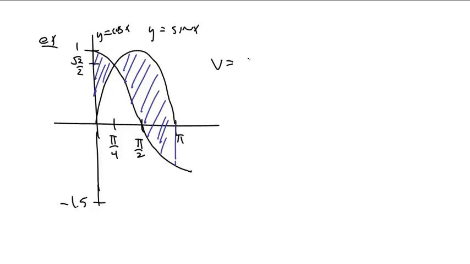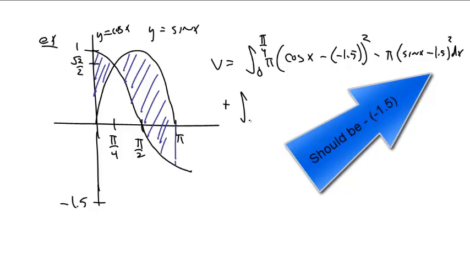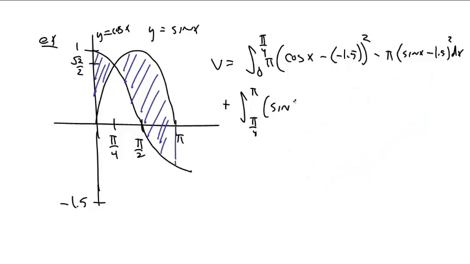What is the volume? The volume is the integral from 0 to pi over 4, because they intersect, we have to deal with them separately, of the top function, which in that particular case is cosine of x minus negative 1.5 squared with the pi in front, minus pi sine of x minus negative 1.5 squared dx, and then we add to that the integral from pi over 4 to pi, and now sine is on the outside, so it's pi sine of x minus negative 1.5 squared minus pi cosine of x minus negative 1.5 squared dx.